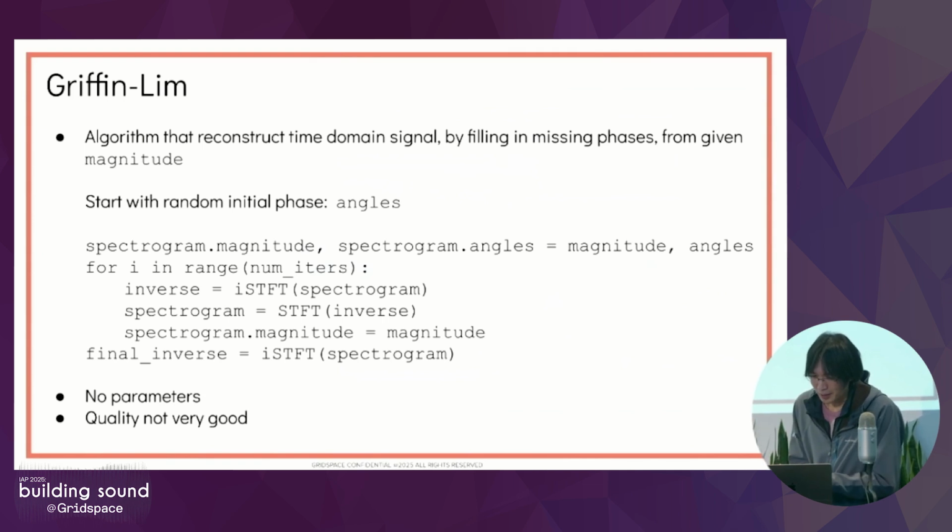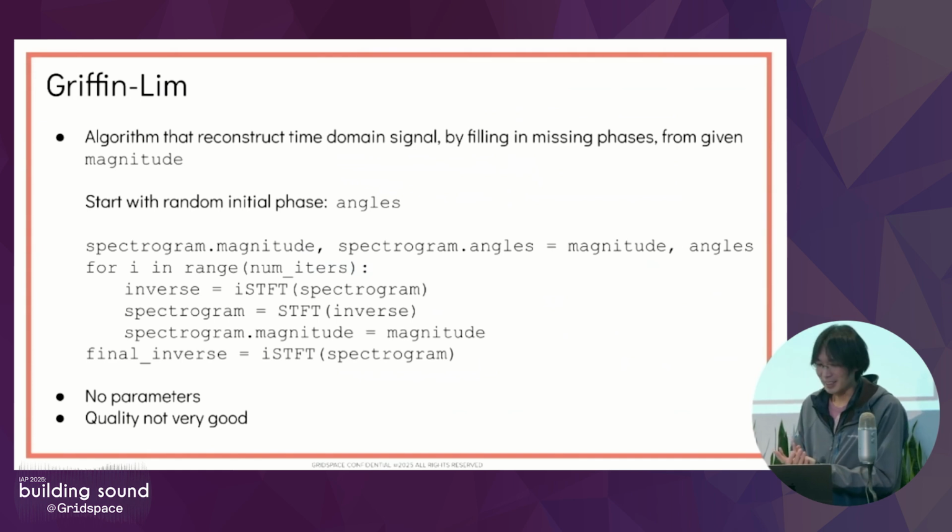You could argue that actually you are losing some information, but it turns out if you just start with some random phases, you just generate randomly, and then repeatedly do inverse Fourier transform and Fourier transform, somehow you recover a nice phase. So I think it's provable that this process actually converges, and it actually doesn't sound that bad.